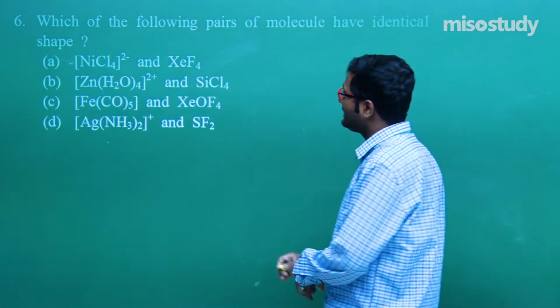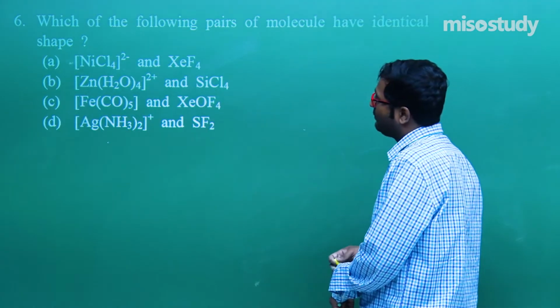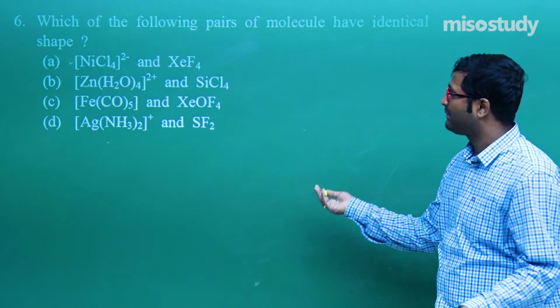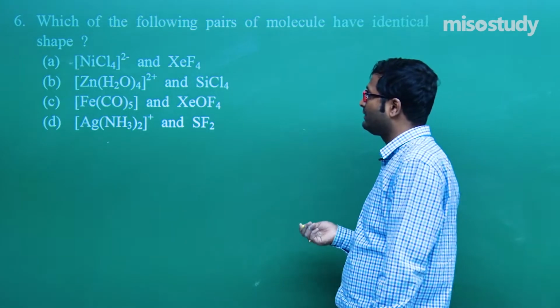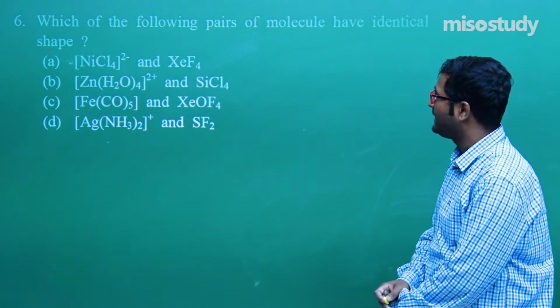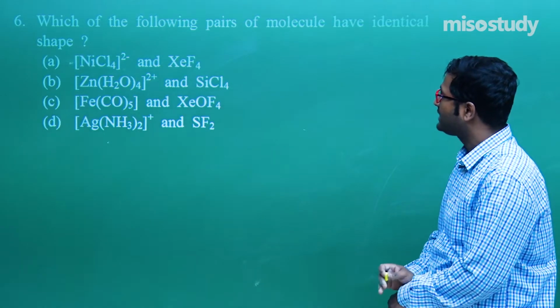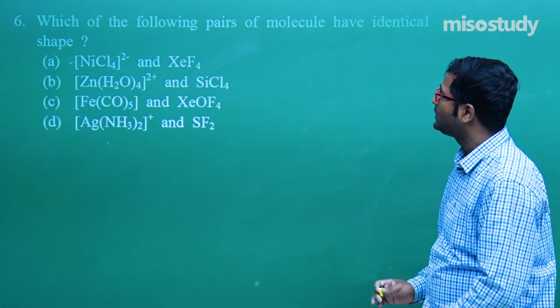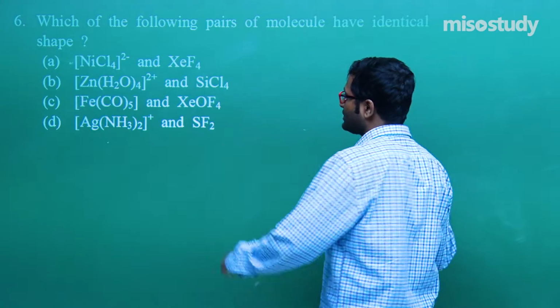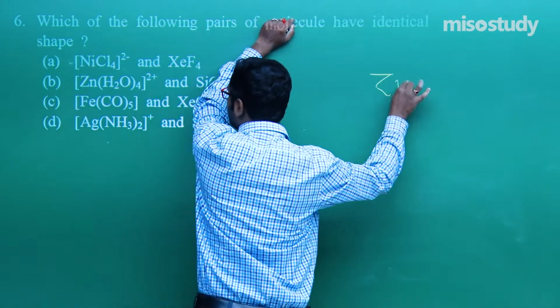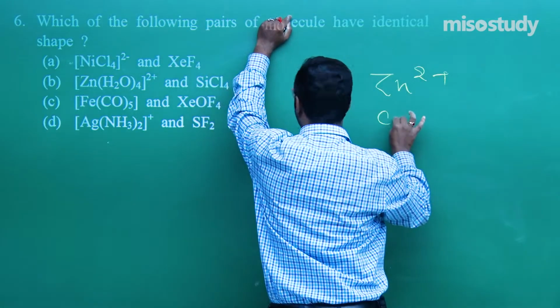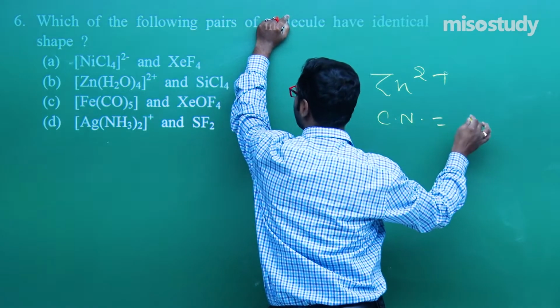Now, identical shape: if I talk about NiCl4 and XeF4, by a simple calculation we can say they do not have the same hybridization. But if I talk about Zn(H2O)4, the second option, check it out. Zn is in +2 oxidation state and the coordination number here is 4.